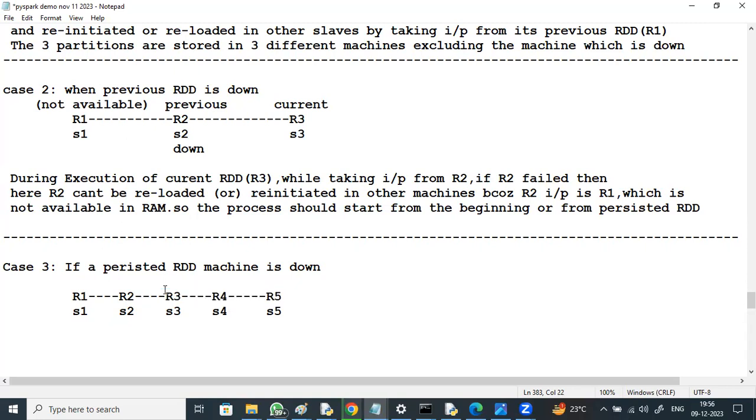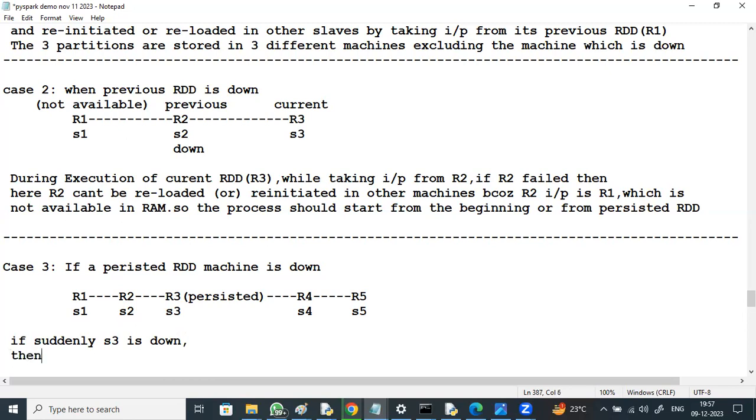R3 is persisted. If suddenly S3 is down, how is this Spark computation handled?